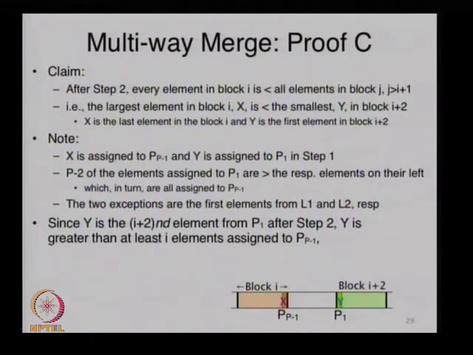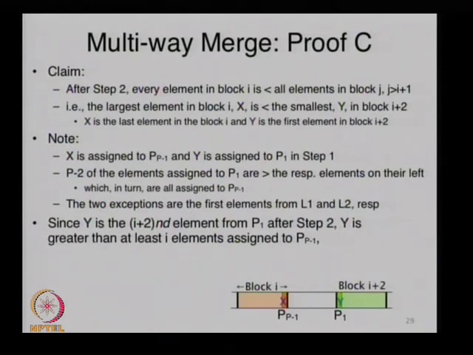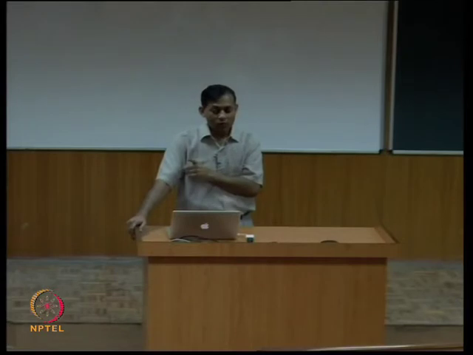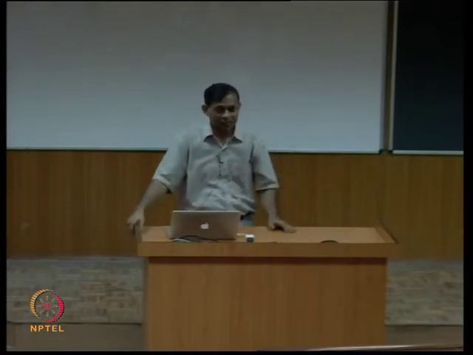All right, so now if you look at the elements that were assigned to P0, they would be all of these first elements. How about the elements that are assigned to P minus 1, the last one? All the last elements? Every one of those last elements is greater than enough number of other elements, because they are last in their block, and the block was sorted when we started.